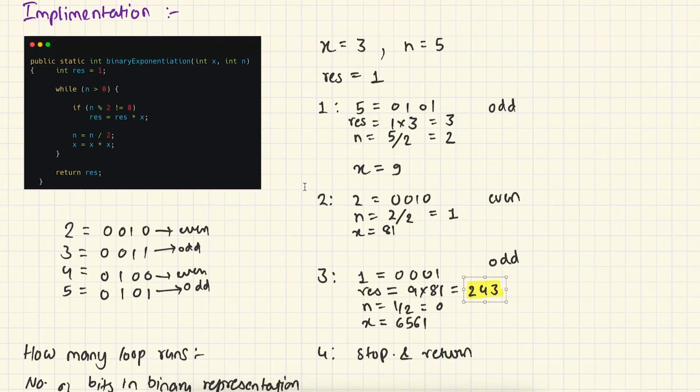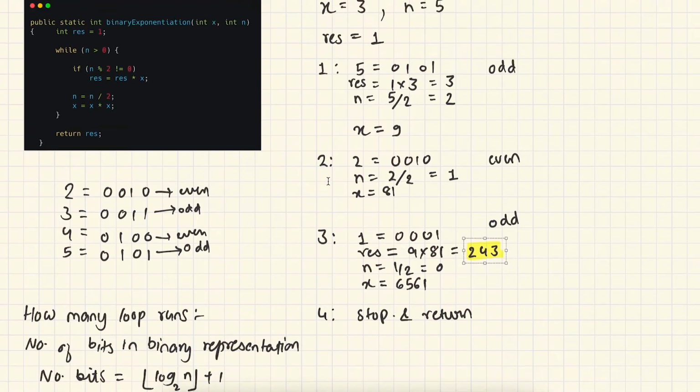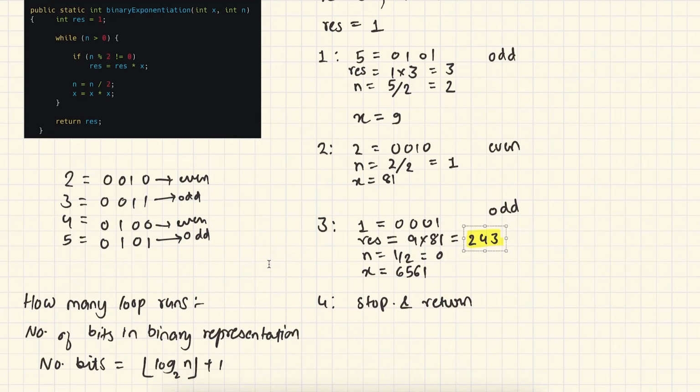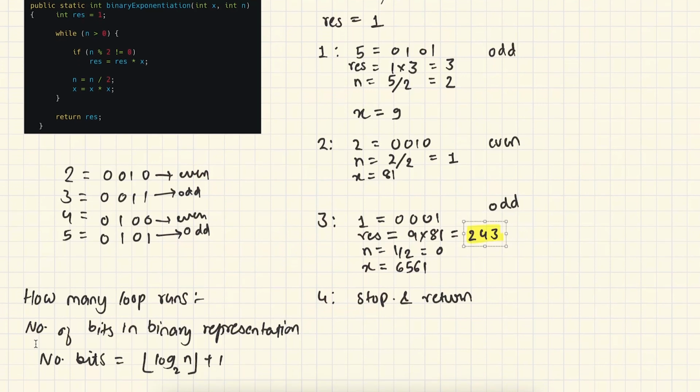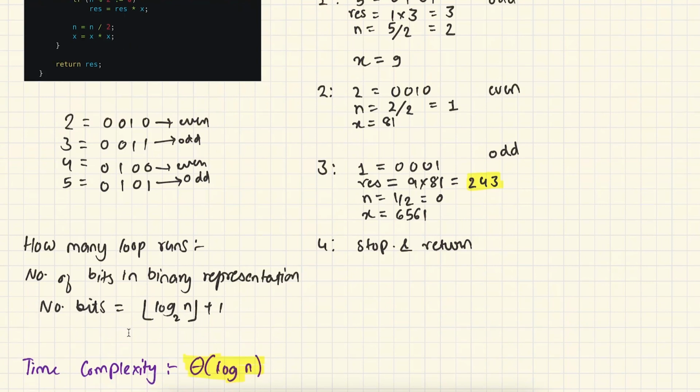Now let's talk about the time complexity of this function. To calculate the time complexity, we first need to find how many times this loop is going to run. So it's simple. It directly depends upon the number of bits in the binary representation of a number. And how many bits are there in the binary representation of a number? It's simply floor of log base 2 of n plus 1. We saw it before, right?